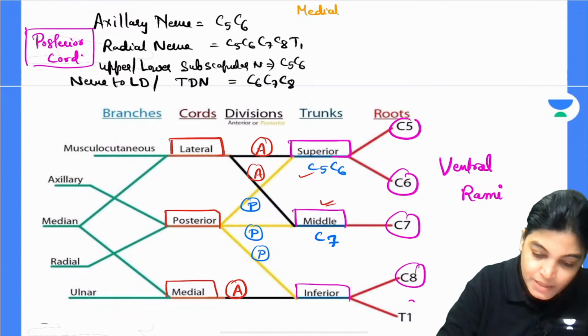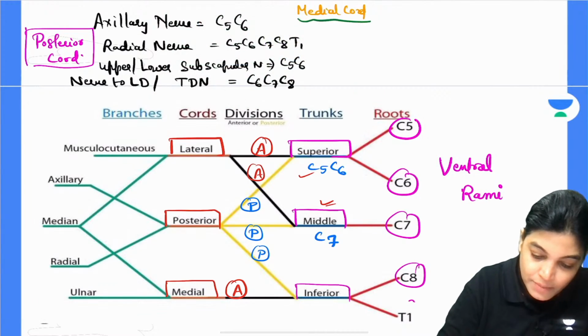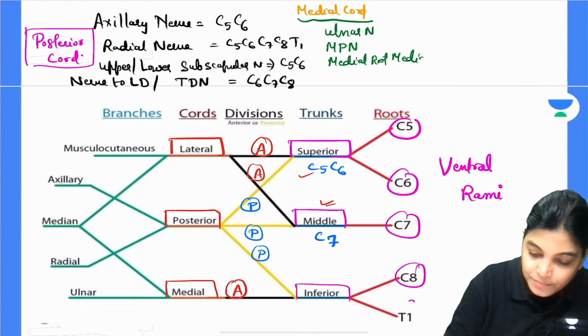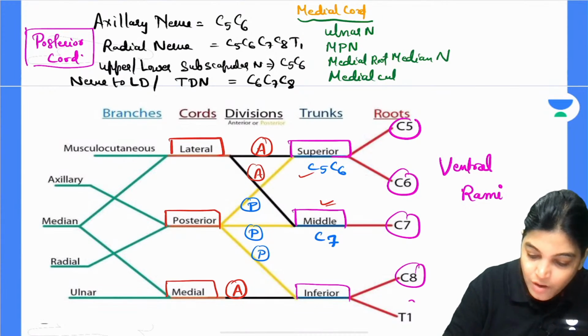Medial chord branches are ulnar nerve, medial pectoral nerve, medial root of median nerve, medial cutaneous nerve of arm, medial cutaneous nerve of forearm.